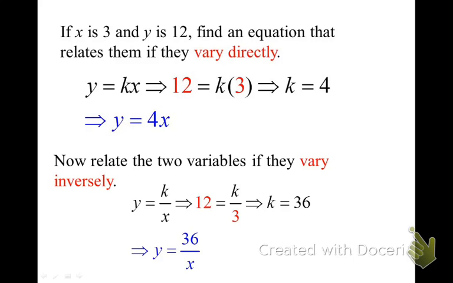We multiply both sides by 3, 12 times 3 is 36, so k equals 36. We plug the 36 back into the equation for the k, and so they vary inversely as y equals 36 over x. So you'll be asked to do that on a number of problems in this section. What's the equation if they vary directly? What's the equation if they vary inversely?